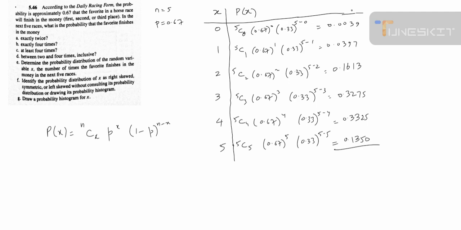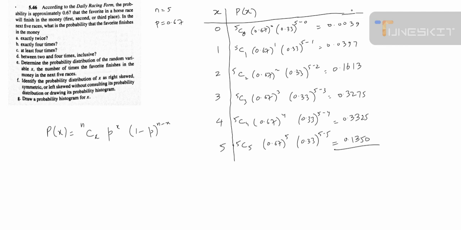So 0.135 plus 0.3325 plus 0.3275 plus 0.1613 plus 0.0397 and plus 0.0039.